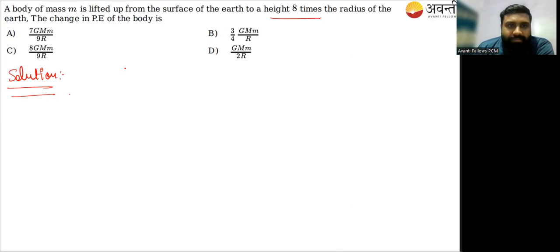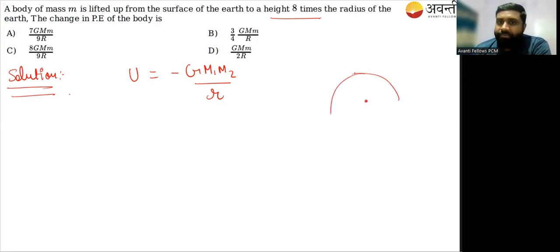We know that in gravitation, the potential energy is nothing but minus G m1 m2 upon r, and r is the distance between the centers of m2 and m1. Here we have the center of the earth, and this body is first placed here, so the radius of the earth is the distance between them. Now it is lifted 8 times RE. This height is nothing but 8 times RE. So that small r will become 8RE plus RE.